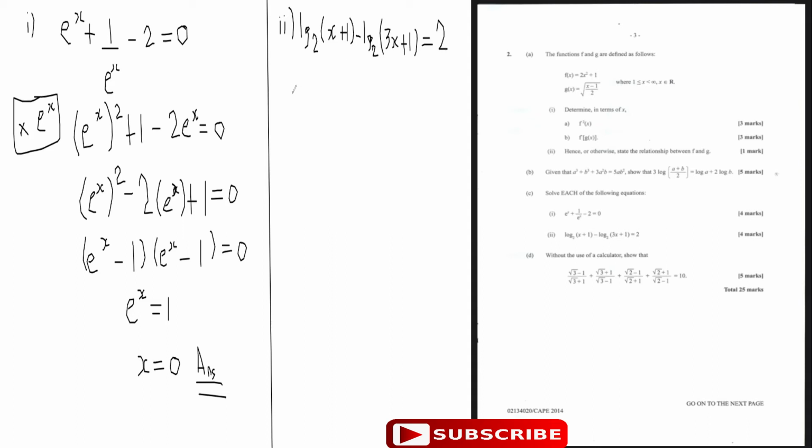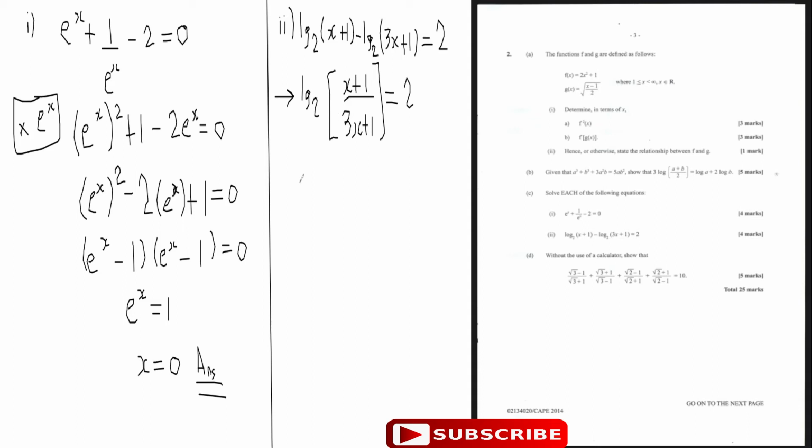Now, since that is so, this implies that log to base 2, we can join them together as 1. This is really telling us that log to base 2 of (x plus 1) over (3x plus 1) is equal to 2. Now remember, the log of a number to a base is equal to a power.